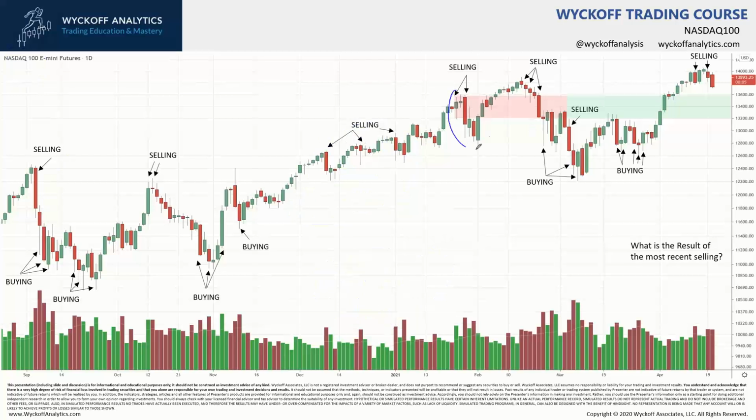Now, the next reaction is very interesting because we are seeing the extension of the downward swing, something similar to what we've had here. And that downward swing is much larger than all of these smaller reactions on the way up. So this acts as a change of behavior that suggests what?